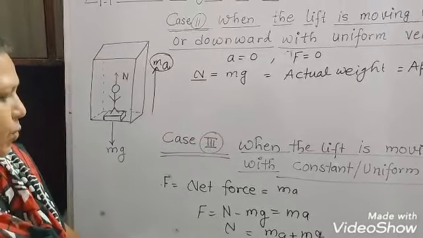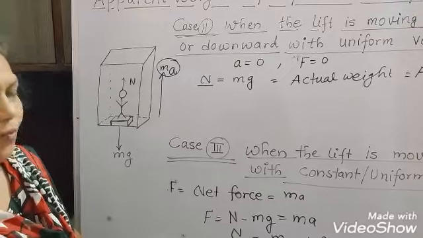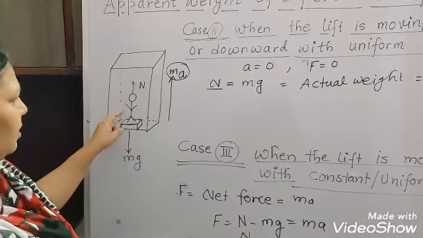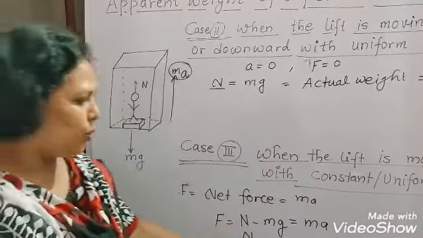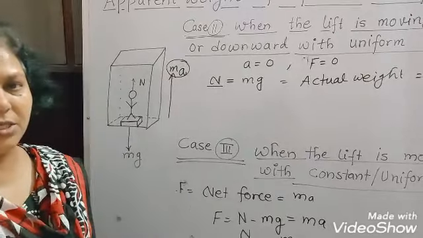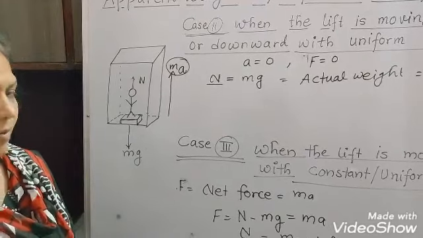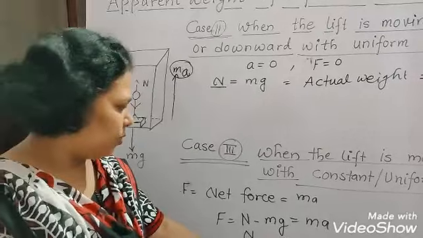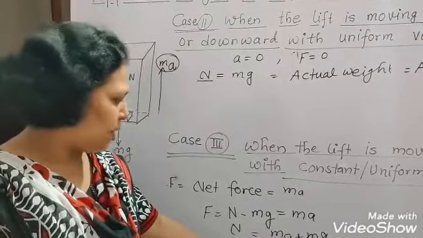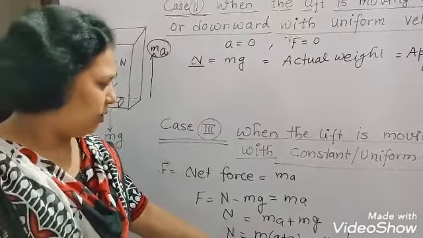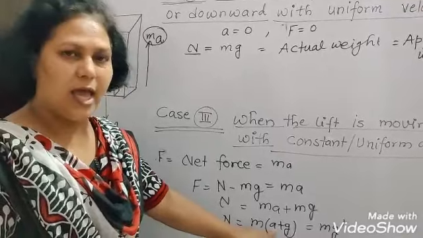So the weighing machine will measure more weight than the person's weight, and it will be more by the amount ma.